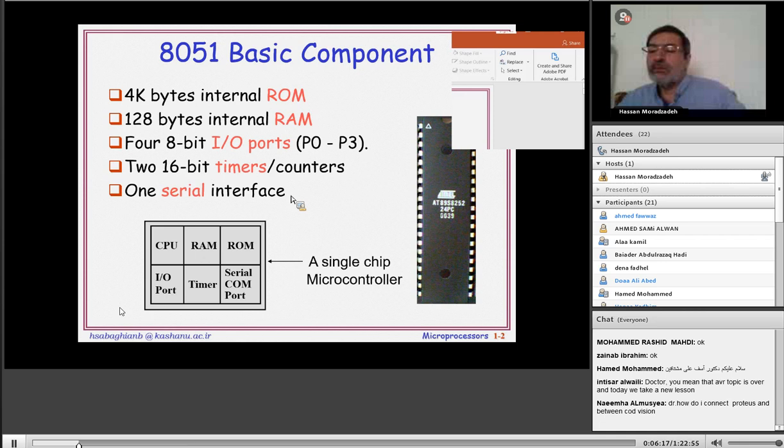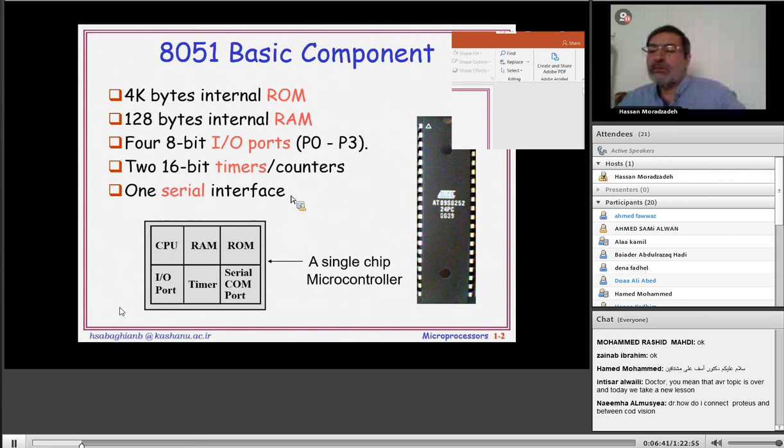In ATmega we have port A to port D, with DDRA, DDRB, DDRC, DDRD. Here port 0, port 1, port 2, port 3. Two 16-bit timer counters. One serial interface, UART only.